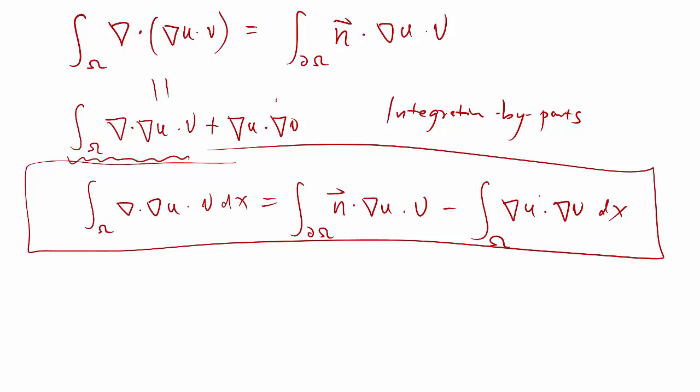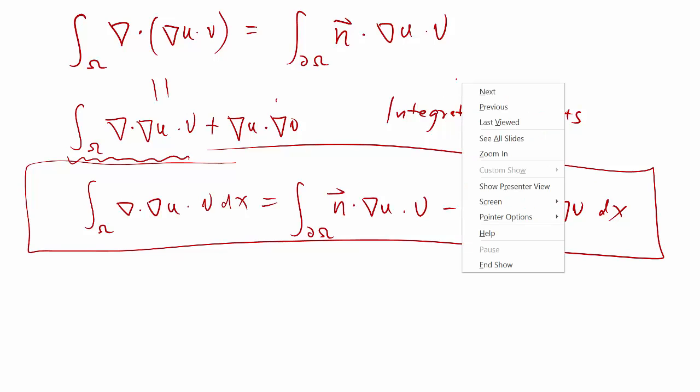We're essentially removing one layer of requirement of differentiability from U and putting that requirement onto V. Before this, V had no requirements on differentiability. Now V has a requirement on differentiability, but that's fine because our spaces of U and V are actually the same. They have the same differentiability.